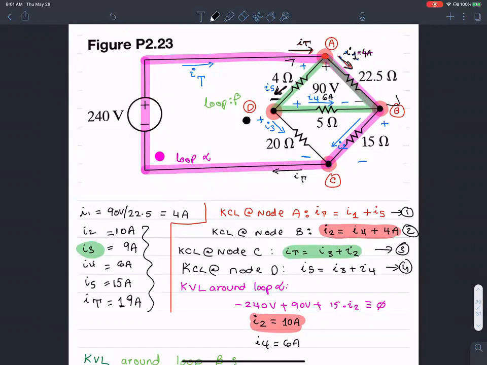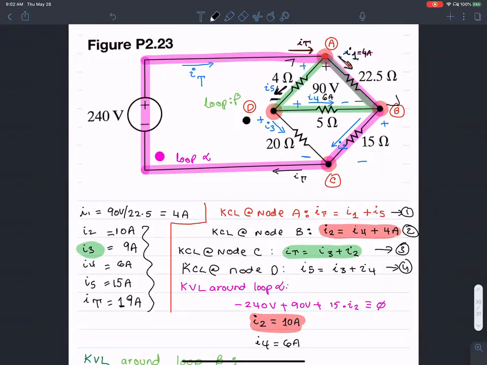Now, that's just one small part of the problem. There are two other aspects of the problem, right? Finding the power dissipation in each of these resistances. Well, all you have to do is I squared times R, or V times I. Okay, I leave that as an exercise.